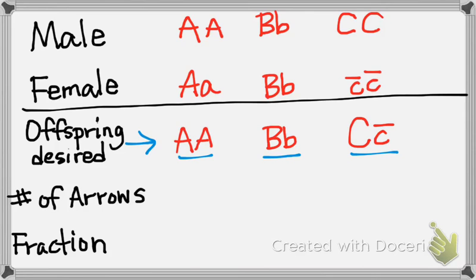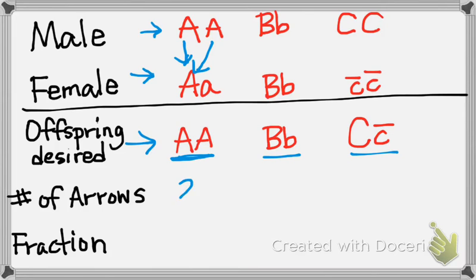Okay, so what you would do is see how many times you can take these two parents' genotypes and get A, both capitalized, both dominant, out of that. Well, you could have dad's A pair with mom's capital A here, or you could have this A from dad paired with that A. So then you tell how many arrows you got.